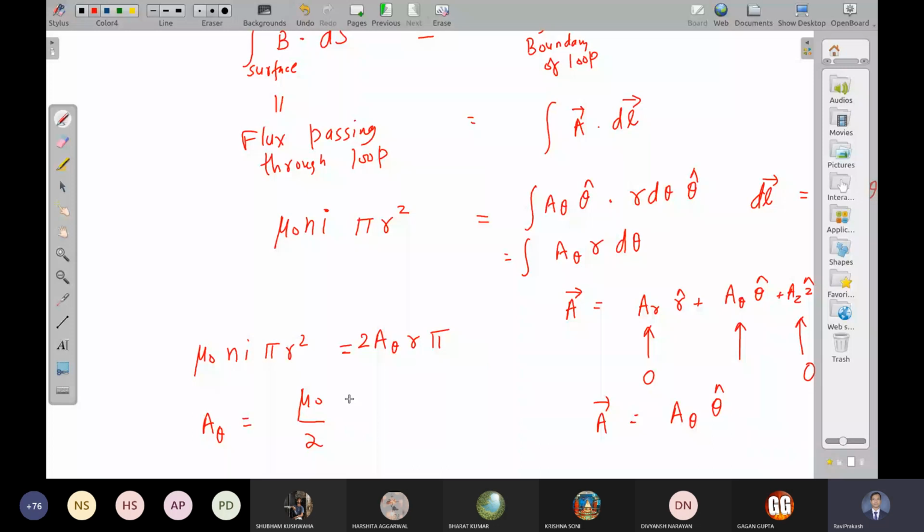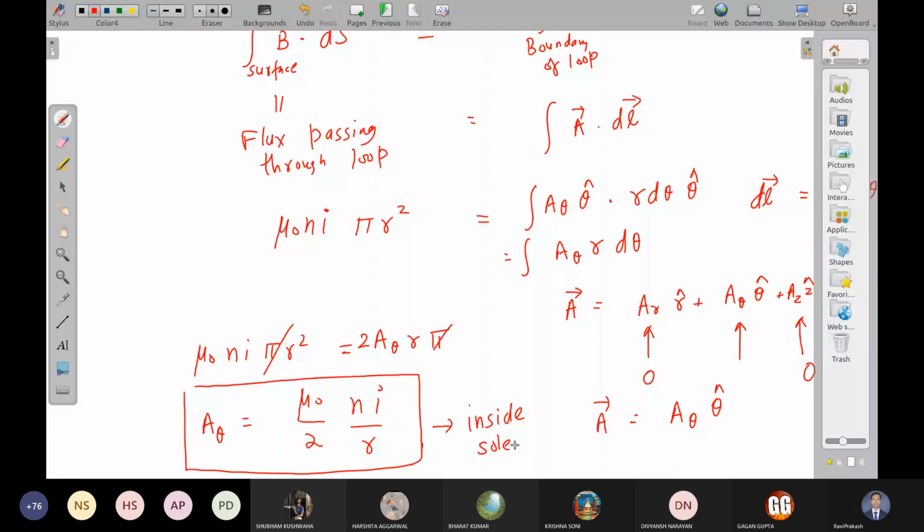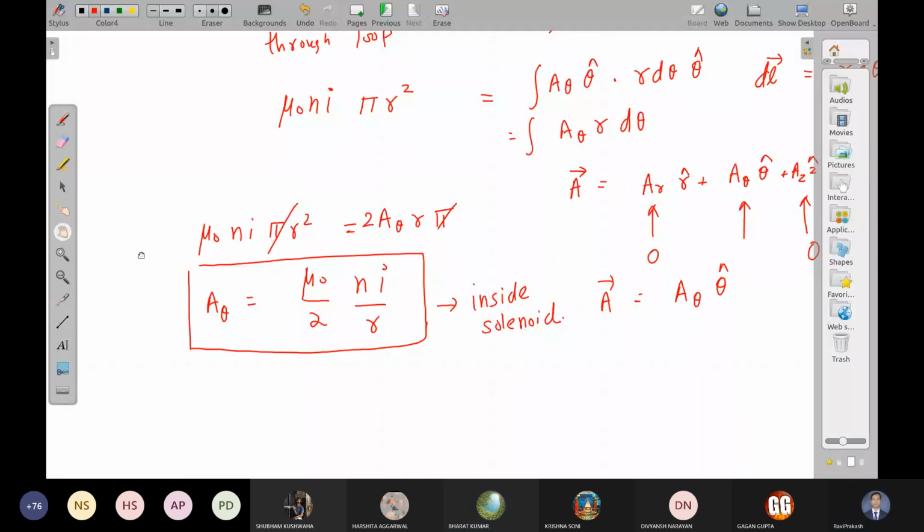So this is the behavior of vector potential inside the solenoid. Okay. What about outside? Outside? 0, sir. Be very careful about saying 0.